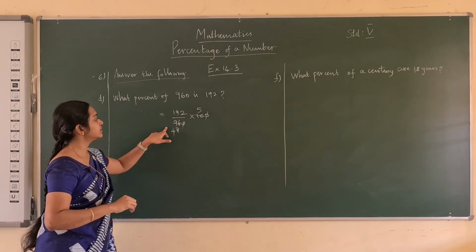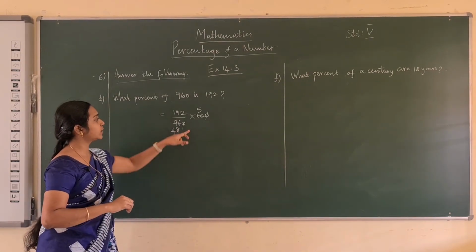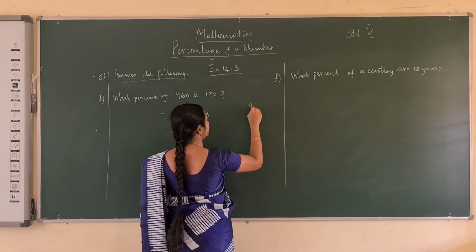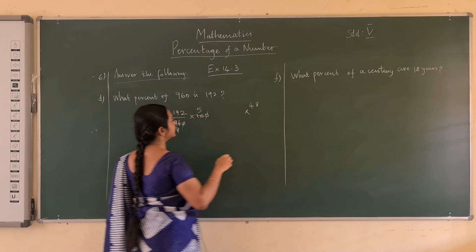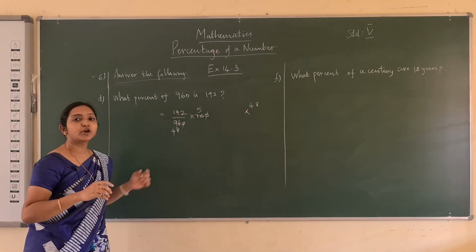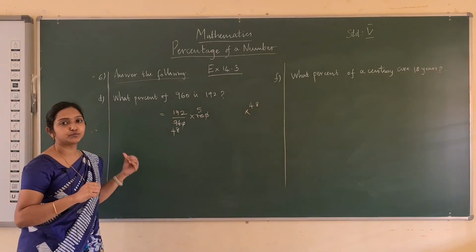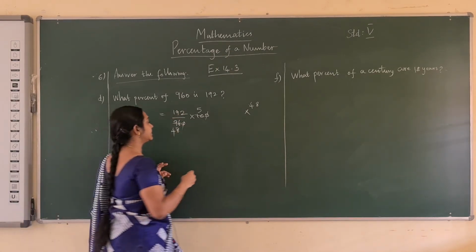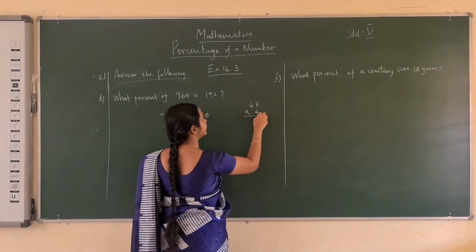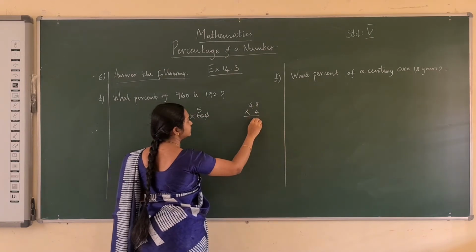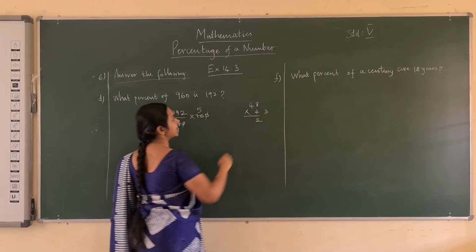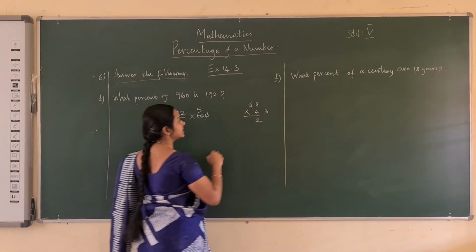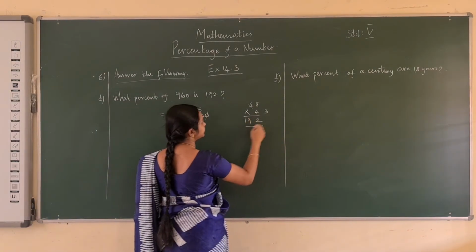Now we have to simplify 48 and 192. If we multiply 48 by 4, because 8 4s are 32, we need 2 in the unit place. So let us multiply it by 4. 8 4s are 32, remaining we have 3. 4 4s are 16, 16 plus 3 is 19.